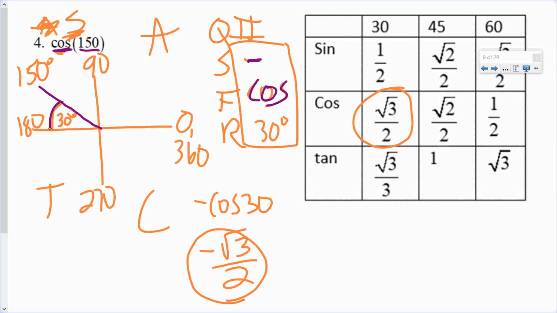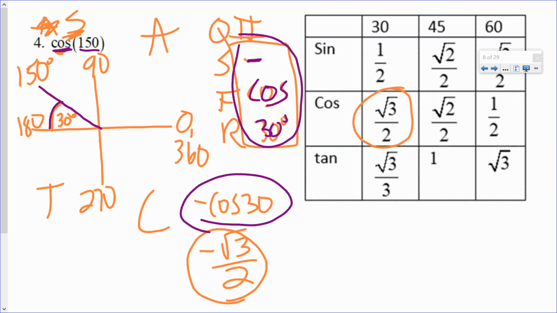In this case, it's 30. So I put those things together, and I just wrote it as negative cosine 30. I go to my table. Cosine of 30 is rad 3 over 2. So because it's negative cosine 30, it's negative rad 3 over 2. That was just the first example. Let's go through another one, and the more you see, the more they'll make sense.